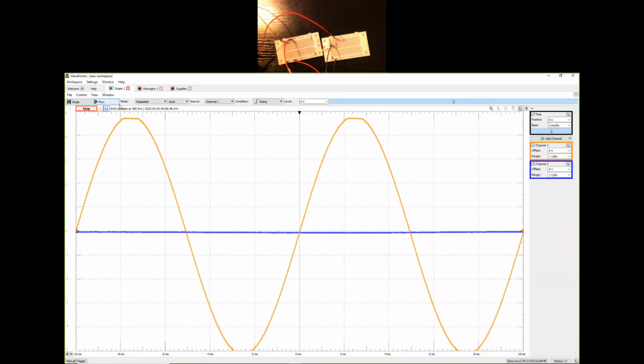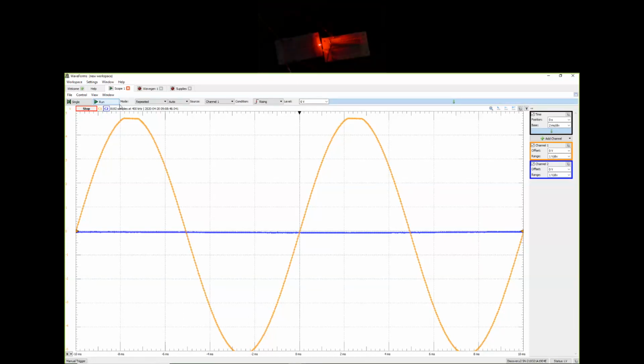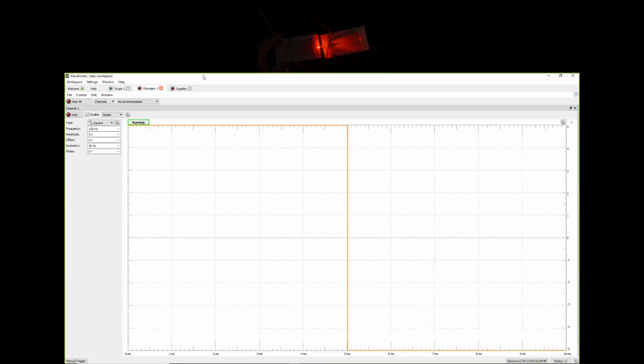Before I start scope, I will switch off the light here so that you can only see the LED. As you can see, the LED is on and it is blinking very fast at the speed of 100 hertz. And I know it is blinking because I have switched on the wave gen. In fact, if I go down to say 20 hertz, then I can see it blinking better.